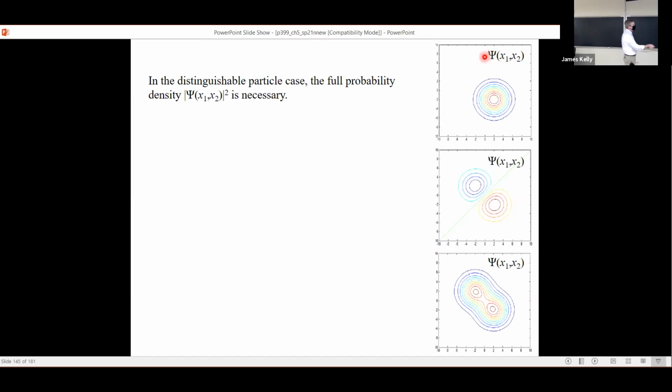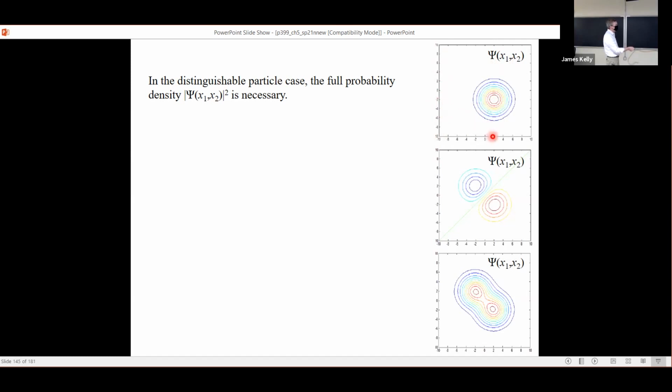Well, first I'll take the magnitude squared of this and integrate with respect to x2, and that would give me the probability density as a function of x1 for measuring particle 1. And that's going to be different in general than the probability density for measuring particle 2 in this case, because they're distinguishable. You know, this particle 2 is more likely to be found near -2.